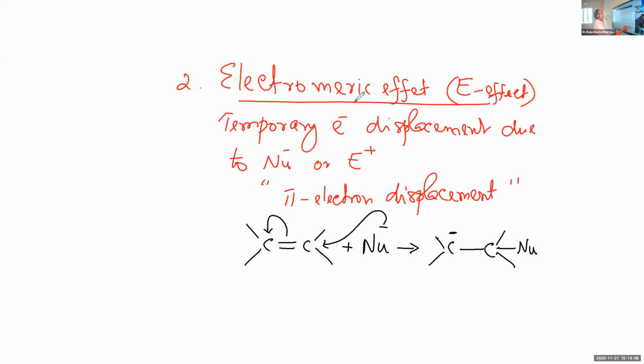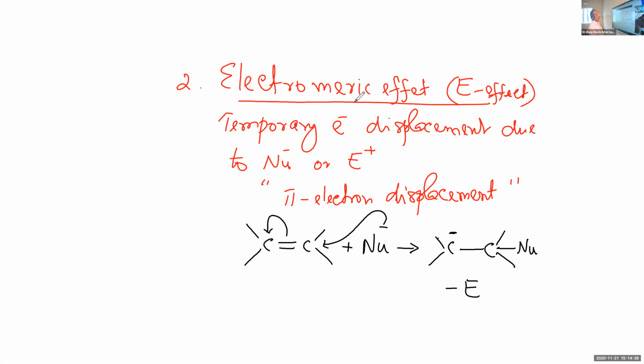The nucleophile is attached to one of the carbon atoms. Then, by the action of the nucleophile, the pi electron pair is shifted to the neighboring carbon, and so the neighboring carbon gets a negative charge. And it is called the negative electromeric effect.